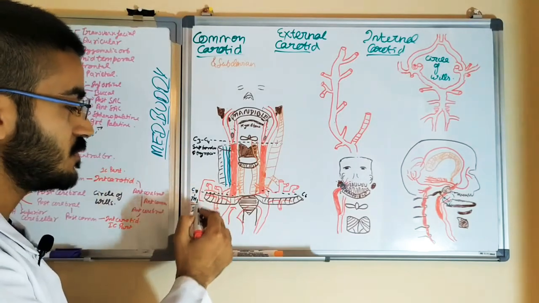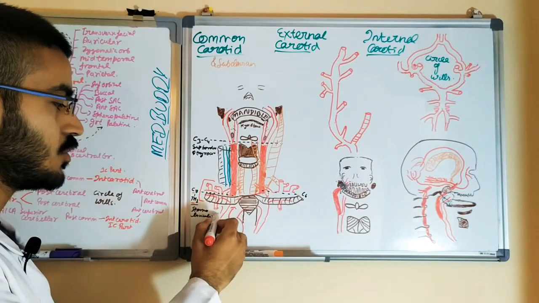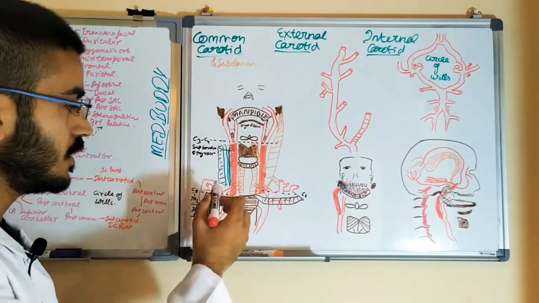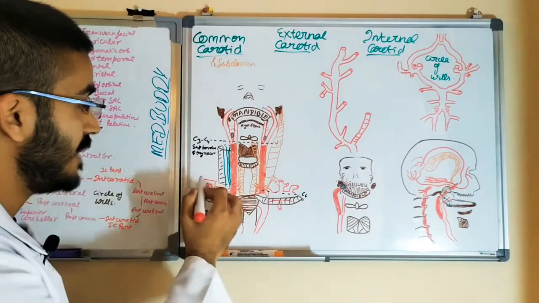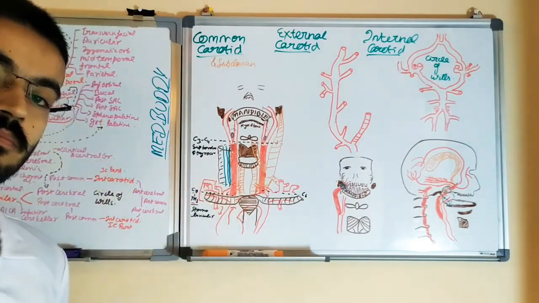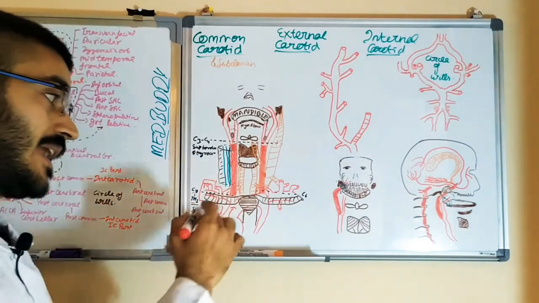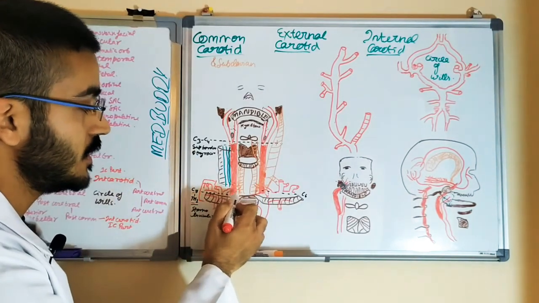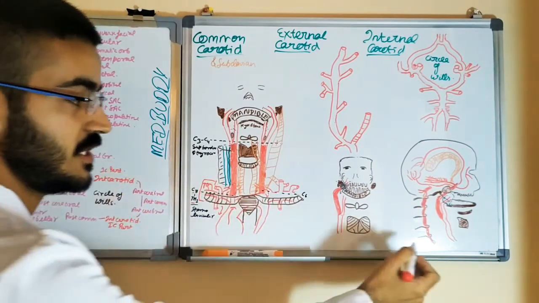From the very first part arises the internal thoracic artery, the costocervical trunk, the thyrocervical trunk, and posteriorly, crossing the vertebral artery, which is shown here.